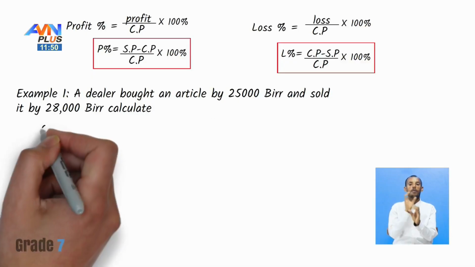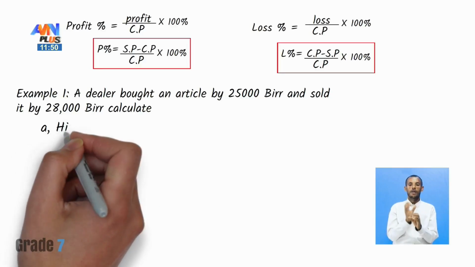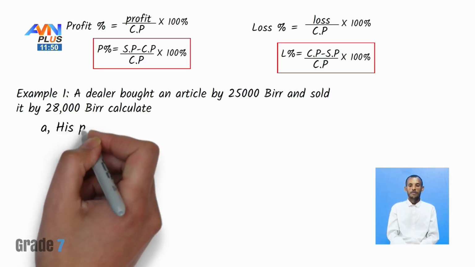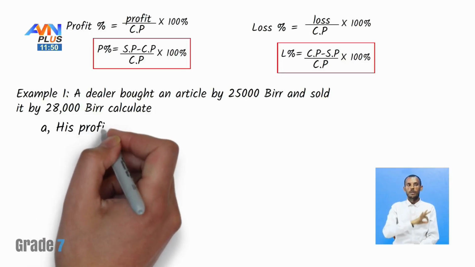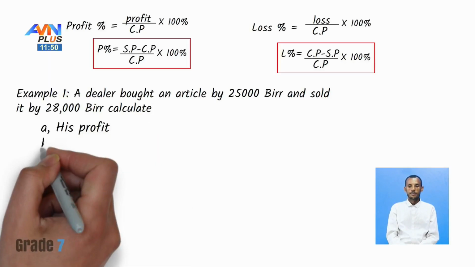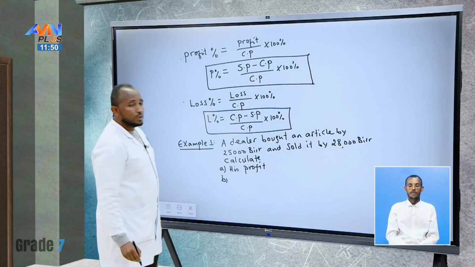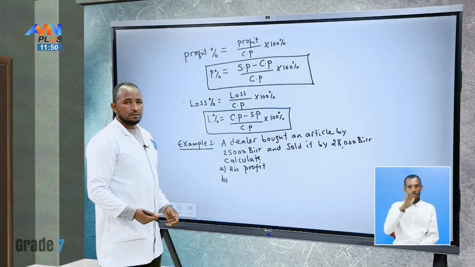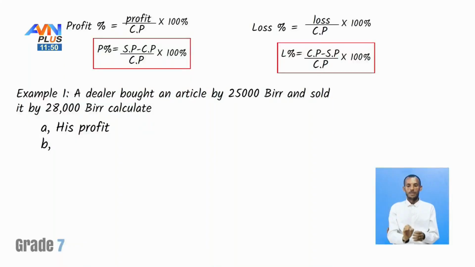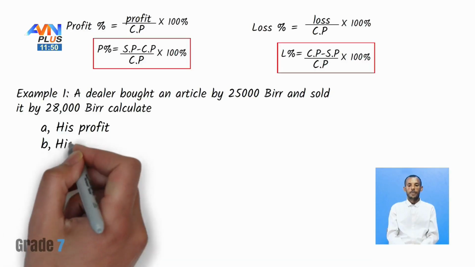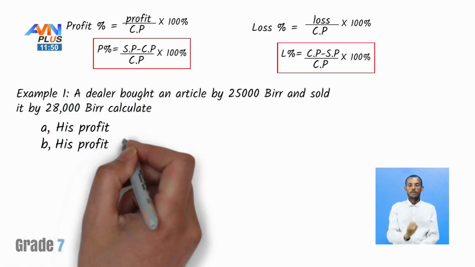Calculate A, his profit. And B, calculate his profit percent. That means the profit in terms of percent.